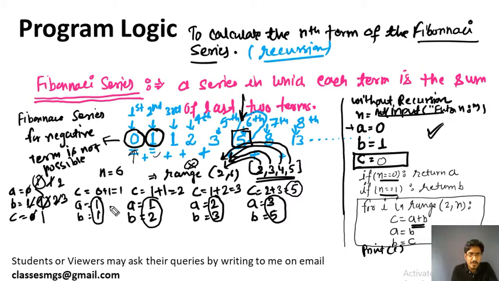Each time we are computing the last two values and keep on adding, and this is how the output 5 is generated. Now we will see the recursive function to solve the same problem.